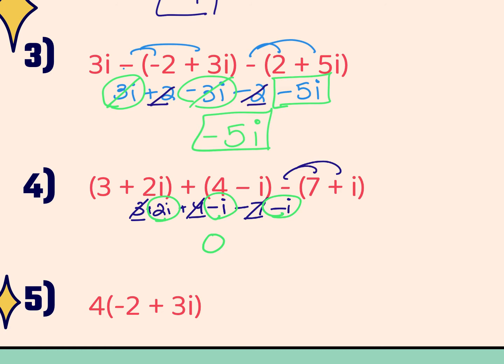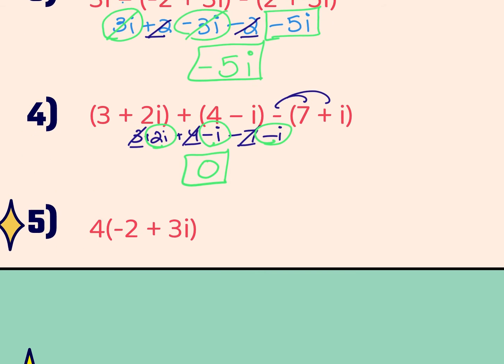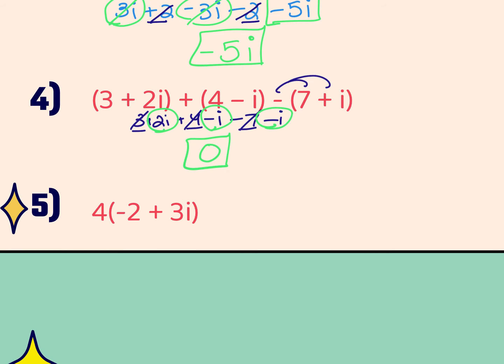Means everything has canceled, leaving you with just 0. Number 5, we've got multiplication. So we want to distribute that 4 to both terms that follow it. I'd get 4 times -2, which is -8, and 4 times 3i, which is a positive 12i. Already in standard form, so I keep it that way.